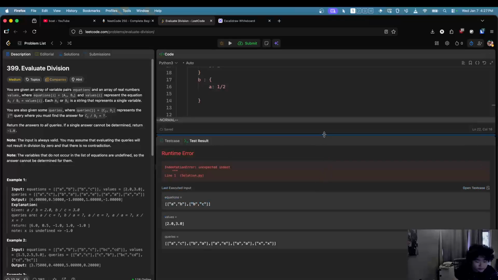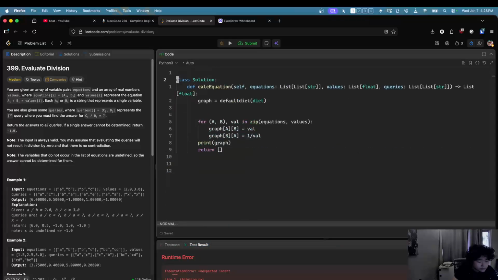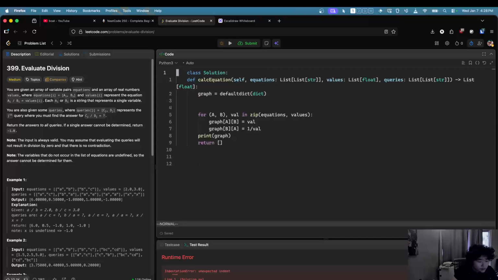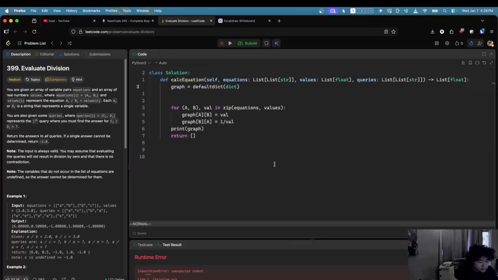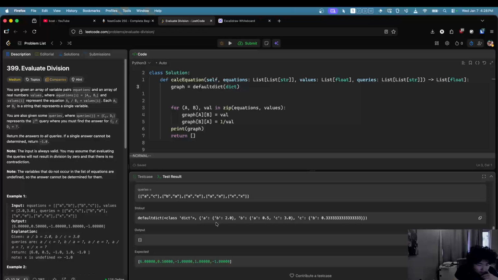Okay, how is that better? Okay, so we have here the dictionary A to B, B to, yep, exactly, that's exactly what we want, 0.333. C divided by B. We also have B divided by A and B divided by C.